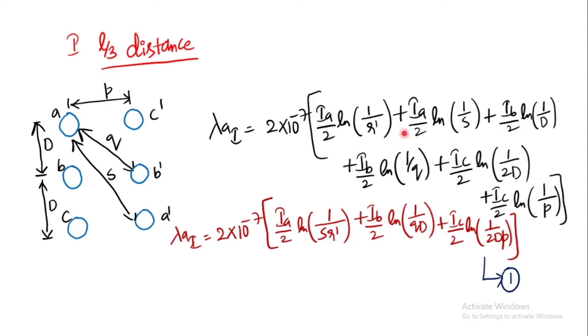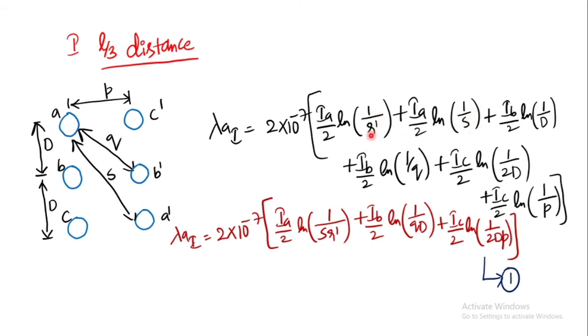Now you got 6 terms, and each 2 terms will have one thing in common. What is that? IA by 2 and IA by 2. So I took IA by 2 as common. It is like ln of A and it is like ln of B. So ln of A plus ln of B is ln of AB. So natural logarithm of 1 by S R dash, because you have 1 by S, 1 by R dash.